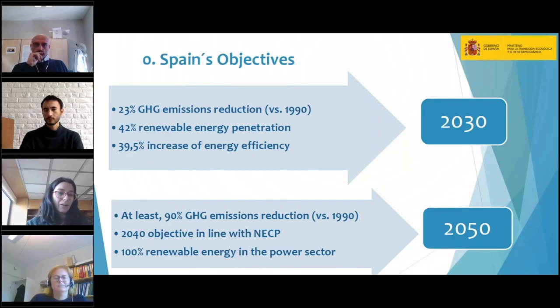I would like to also mention that these objectives, the objectives for the European Union that Clement mentioned at the beginning, are very in line with the European Union, and we think that Spain is making a big contribution to achieve this carbon neutrality in 2050 and to achieve all the targets set at the European level.